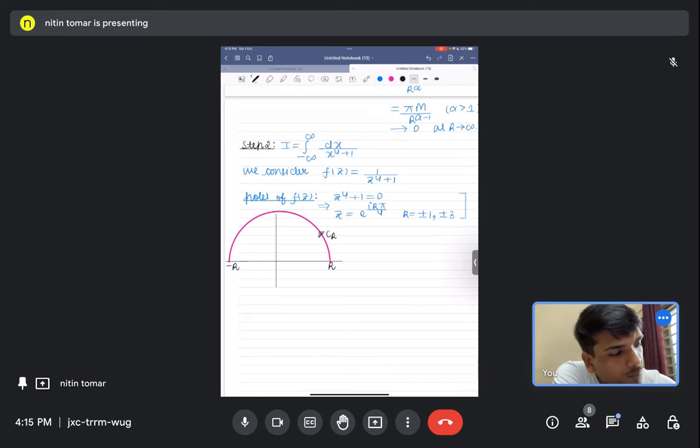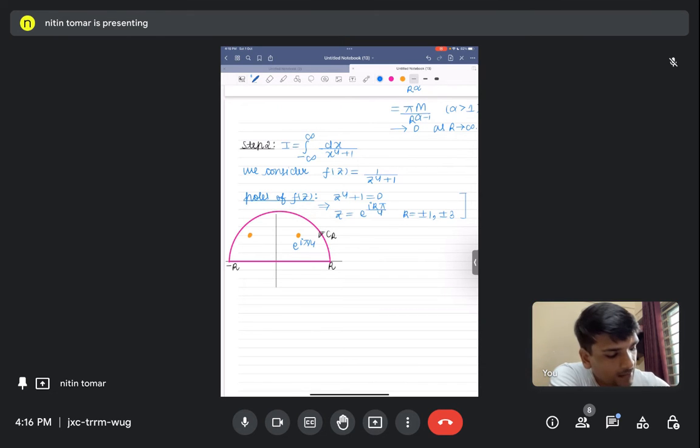Now what are the two poles that lie inside this? Let me complete the figure. This is the closed curve that we are going to take. One pole lies here, one pole lies here, right? So e^(i pi by 4) is one pole that will lie here, because theta is pi by 4 and lies in the first quadrant.